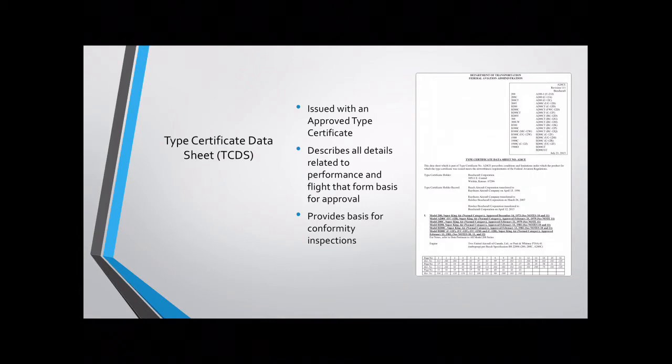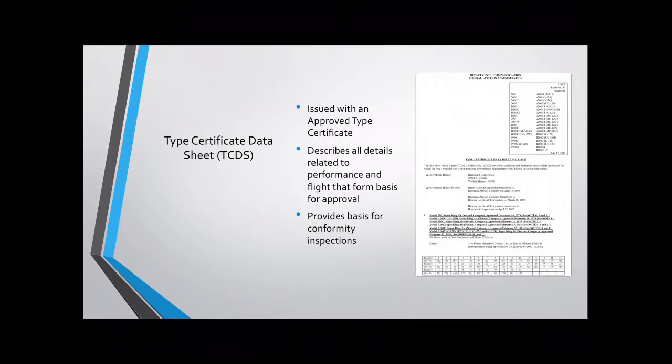This also provides the basis for what we consider conformity inspections. That's a huge part of what you're doing as a mechanic. When we have an aircraft and we want to maintain it in an airworthy condition, which is, again, a specific bit of legal language when we define the state that an aircraft is in, in order to maintain it in an airworthy condition, it must conform to its type certificate, which means it must match everything that we see on the type certificate data sheet.